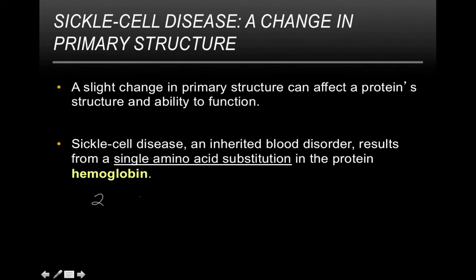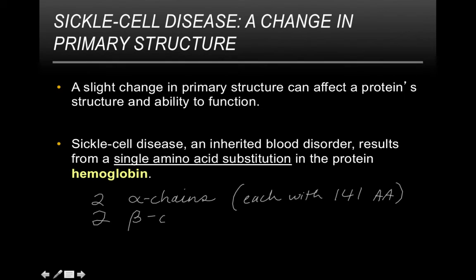There are 2 alpha chains, or 2 alpha polypeptides, each of which has 141 amino acids. And there are 2 beta chains, 2 different polypeptides, each of which has 146 amino acids.